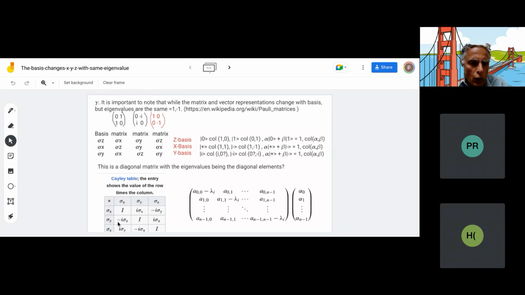That means if you multiply sigma y by sigma x, you get this, but if you multiply the other way around, sigma x by sigma y, then you get the other. So they are generally conjugate, or they are negatives of each other. Here it is like this: i sigma y, minus i sigma. So you can look at this matrix and get to know better.